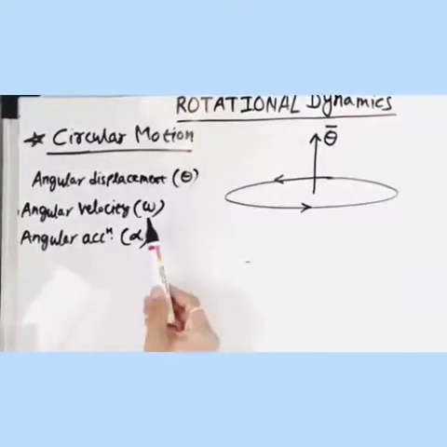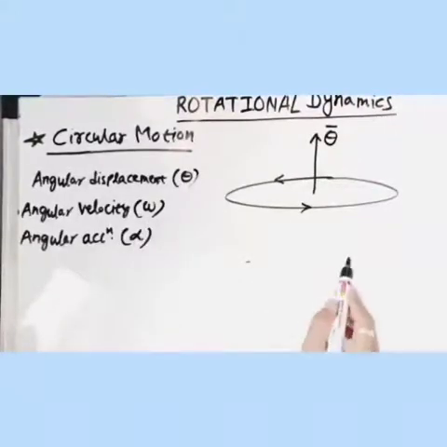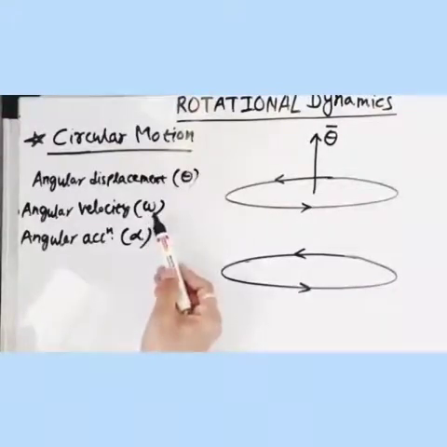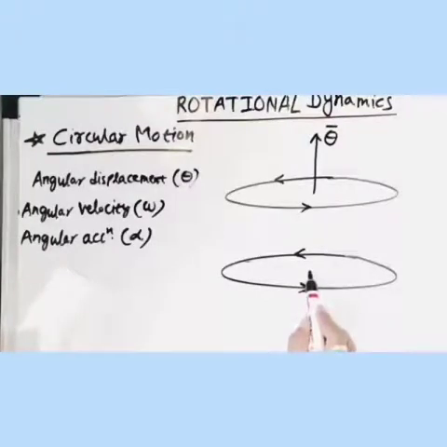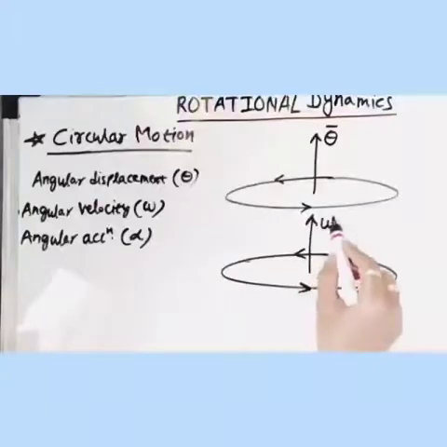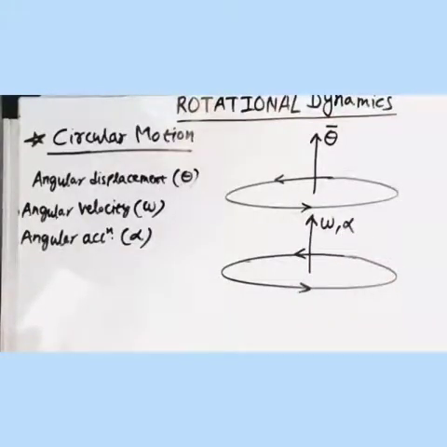Similarly, for finding the direction of angular velocity and angular acceleration, if we consider this is the motion of a particle in anti-clockwise sense, then we can find the direction of angular velocity and angular acceleration by the right hand rule, and it is directed from the center of the circular path in the upward direction. So omega and alpha both are in the same direction. But in case of alpha, as we have discussed, this is angular acceleration.